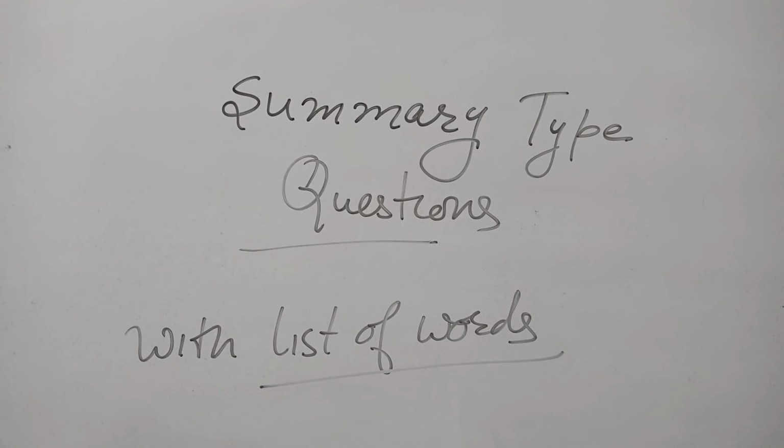If you have summary type questions and you don't have much time, then I advise you not to go through the passage. You should directly see the list of words and try to fill the answers from the list of words. For example, if in the summary before the blank there is a verb, it means that the next word would be a noun.